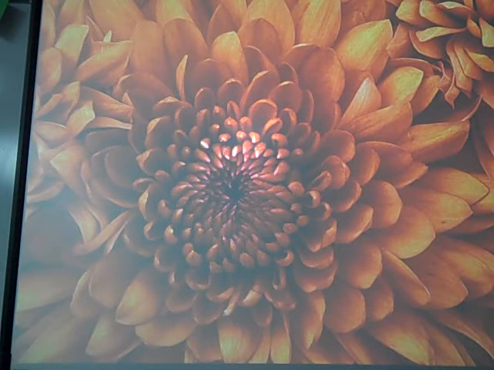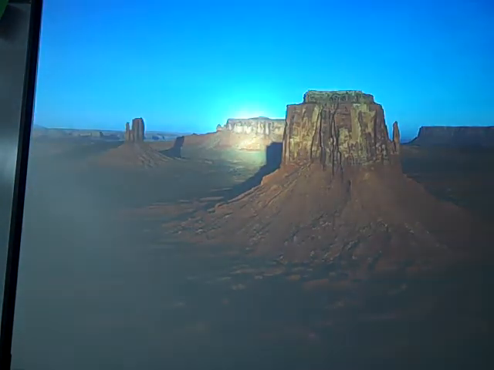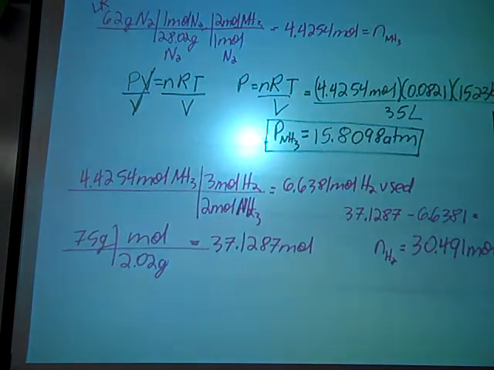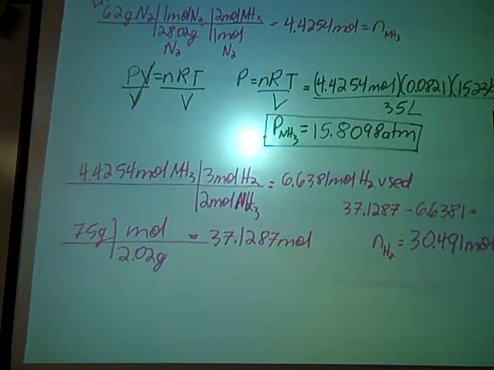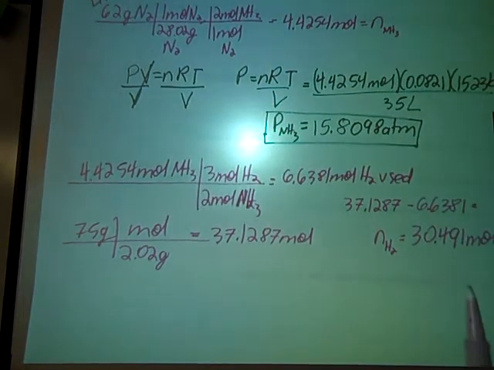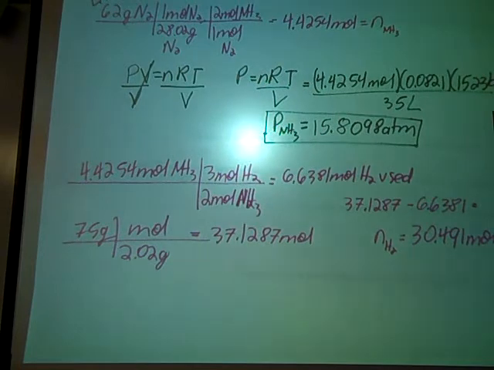That's how much I didn't use. Yes, I know that's a lot. I made this reaction up off the top of my head, so my numbers are a little wonky. Sorry about that. So that's going to be the N that we're going to use for our second partial pressure.